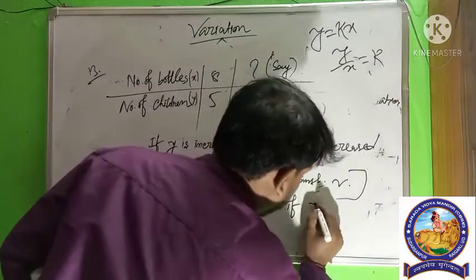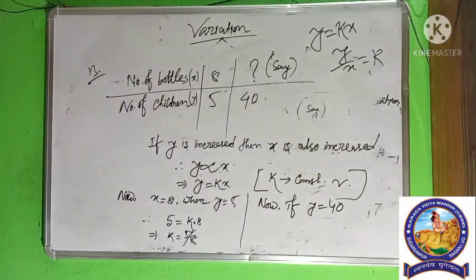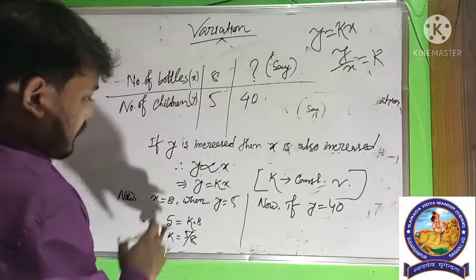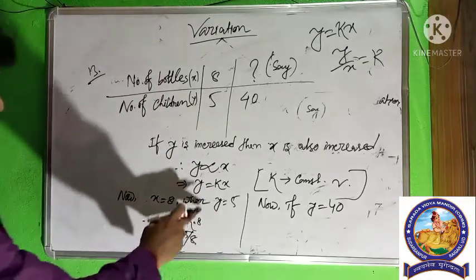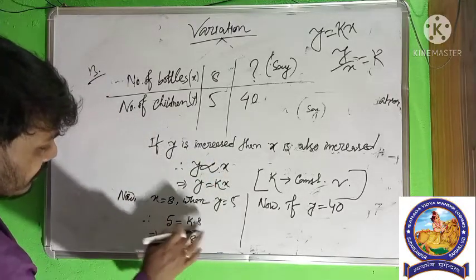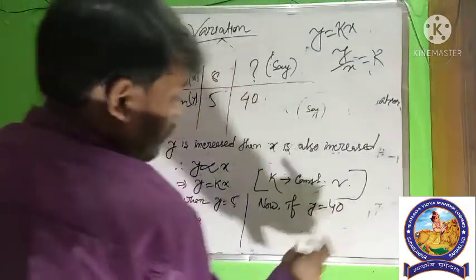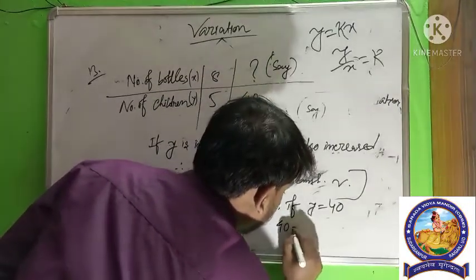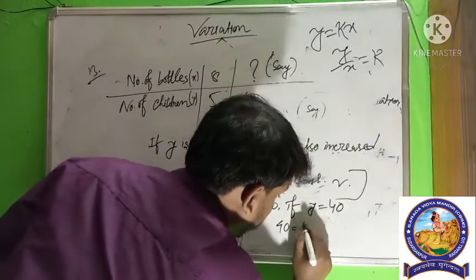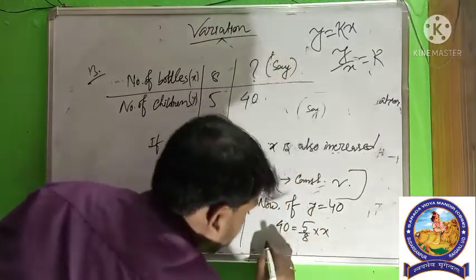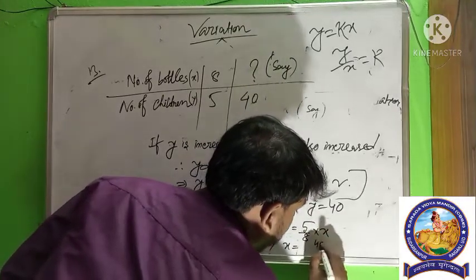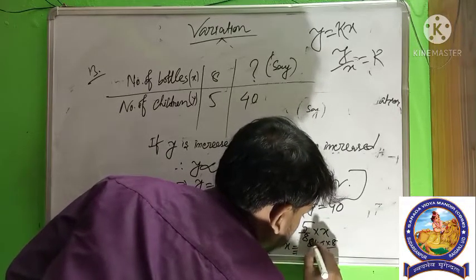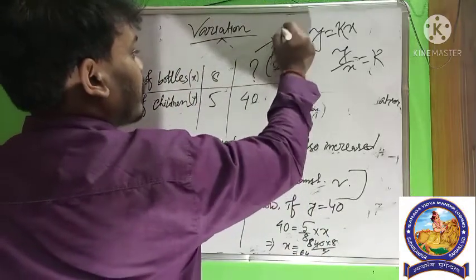Now if y equal to 40, y equals kx, with k as 5 by 8. Therefore 40 equal to 5 by 8 into x, implies x equal to 40 into 8 by 5, which is 64. So the value of this question mark is 64.